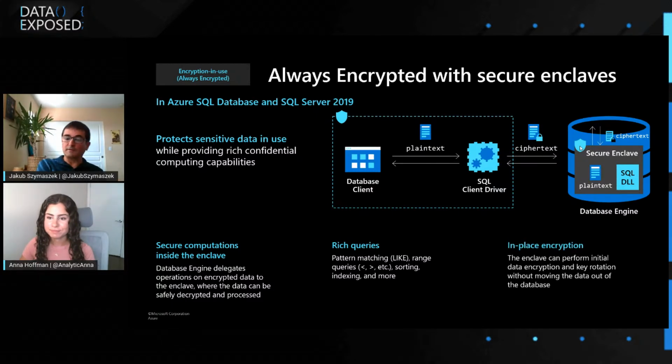But we're also addressing this other problem of encrypting data or performing cryptographic operations like key rotation at scale, right? You couldn't do that until now. Now we can support these operations inside the enclave in a secure way. There is no need to move your data outside of the enclave.